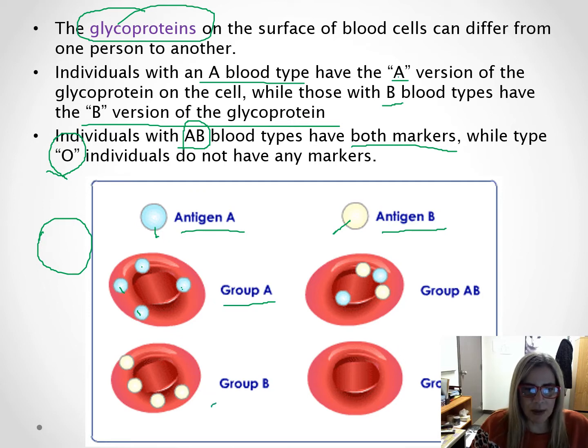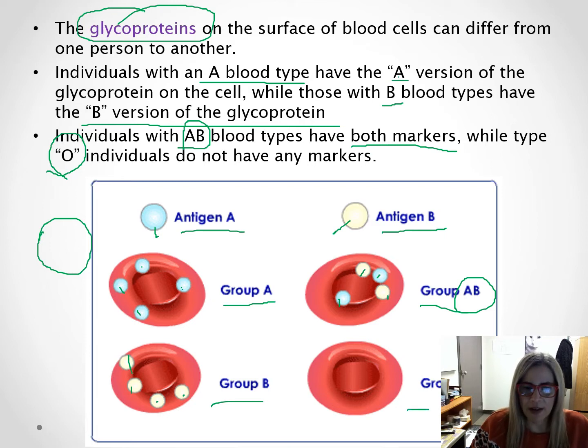If a person is blood type B, they have the B protein or the B antigen on the surface of their red blood cells, but not the A antigen. And someone who's blood type AB has both, so you'll notice they have both the blue antigen A proteins and the yellow antigen B.